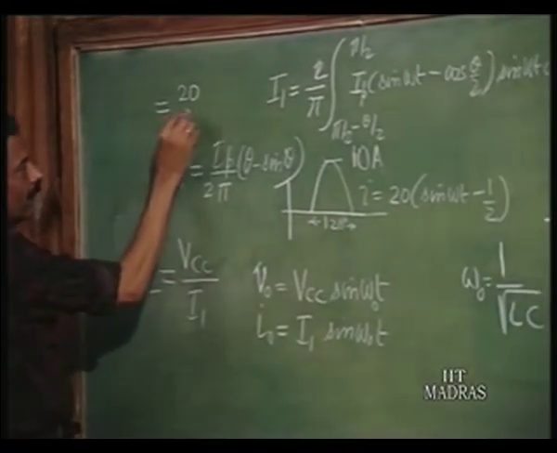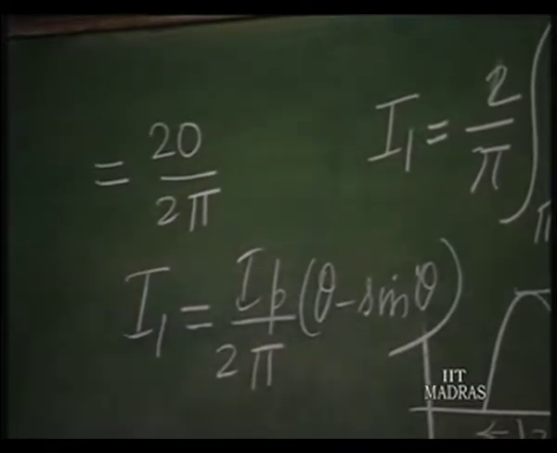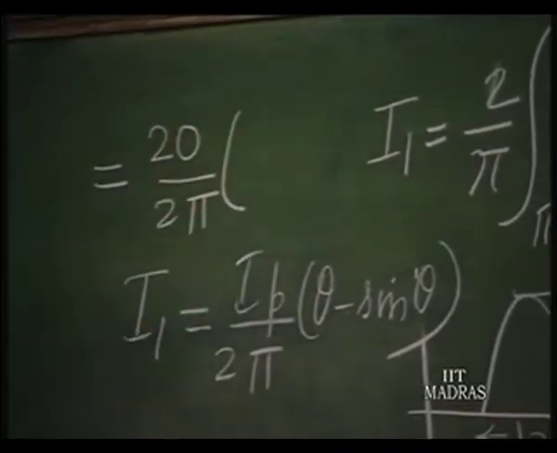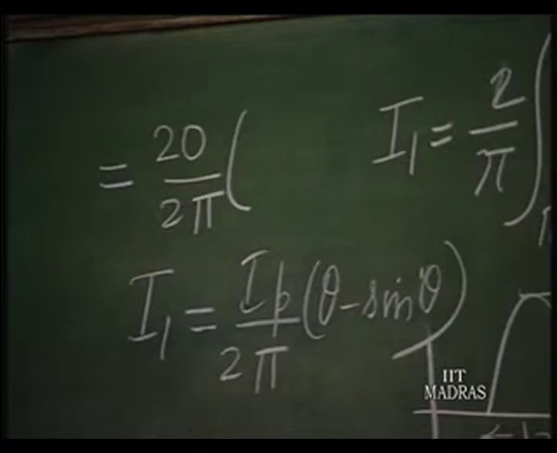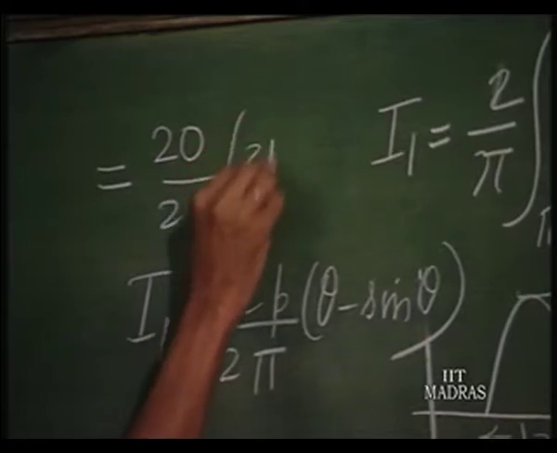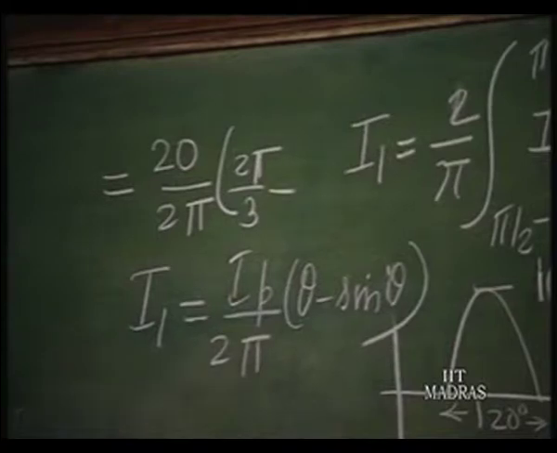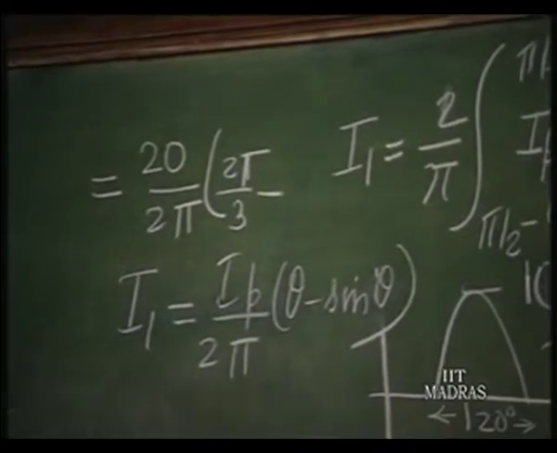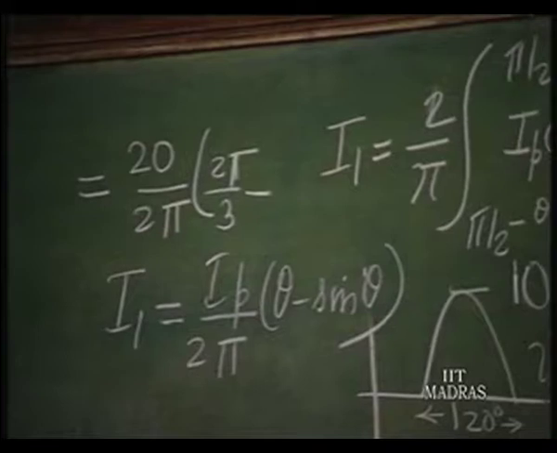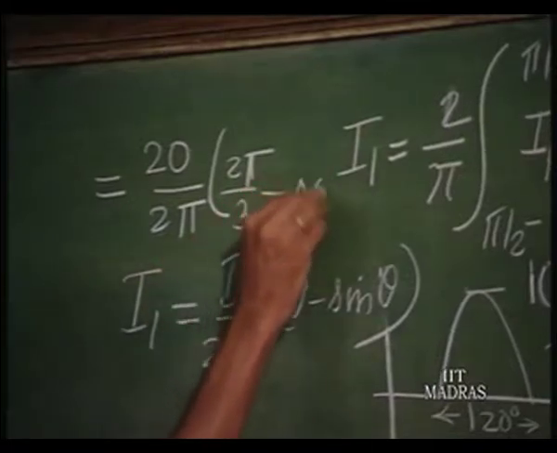I1 is 20 divided by 2 pi into (theta minus sin theta), where theta is 120 degrees, that is 360 by 3, that is 2 pi by 3. Sin theta is sin 120, which is sin (180 minus 60), which is sin 60 itself, which is 0.866.